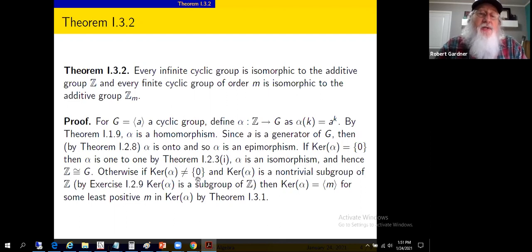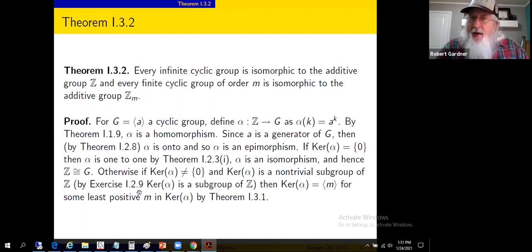If the kernel doesn't equal simply the identity, of course, it includes the identity, but if it includes some other stuff, then we'll show that the group is isomorphic to integers mod n. If the kernel of alpha is not equal simply to 0, we know the kernel of alpha is a non-trivial subgroup of the integers. It's actually exercise 1.2.9 to show that the kernel of a homomorphism forms a subgroup of the domain of that homomorphism.